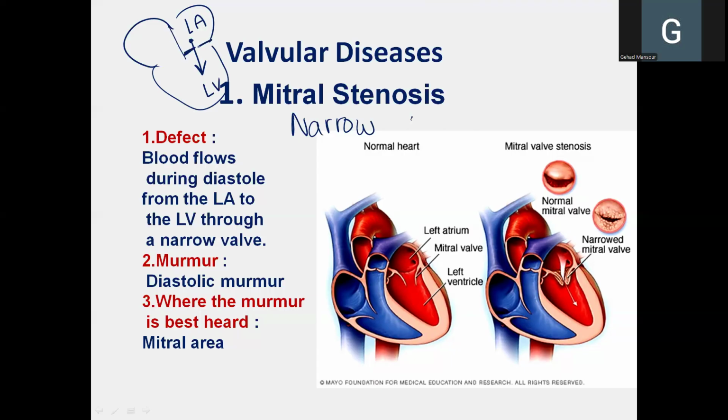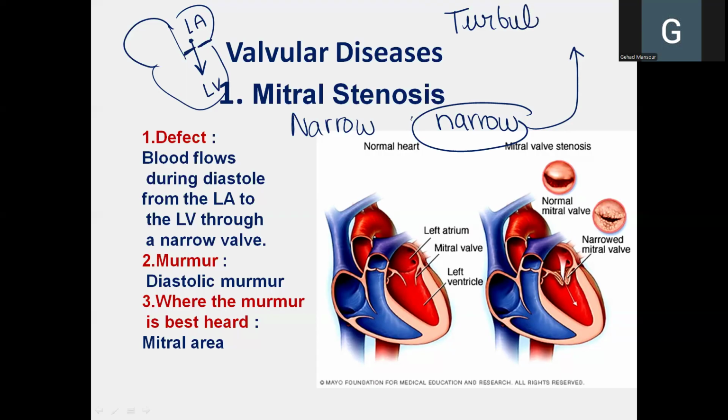Why? Because here we have a narrow valve. Stenosis means narrow, and if the valve is narrow, then the blood flow will not be laminar. We will have turbulent blood flow, and if we have turbulent blood flow, then we would have a murmur.